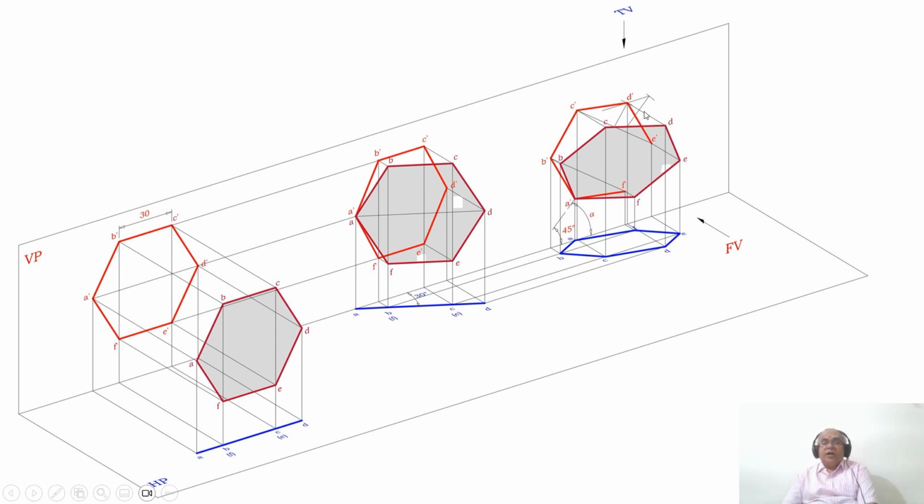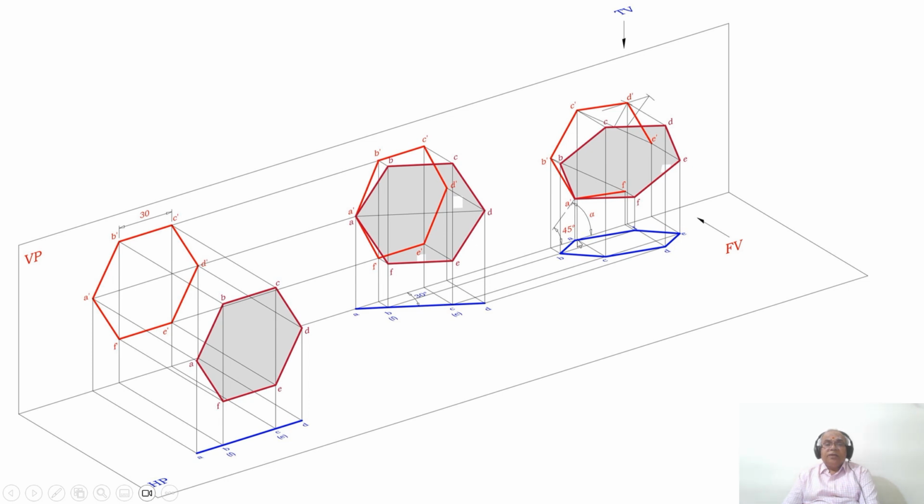Now, once it is in space, as you look from the front view, all these points will be projected onto the vertical plane. So you get A dash, B dash, C dash, D dash, E dash, and F dash here. Similarly, when you look from the top view, all these points' images will fall on the horizontal plane.